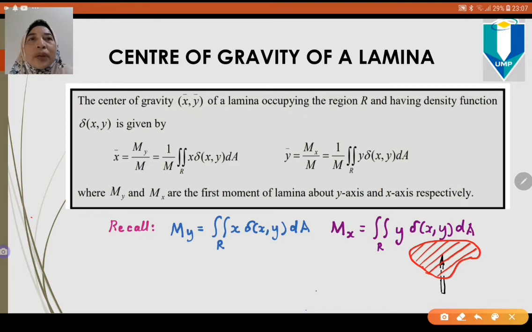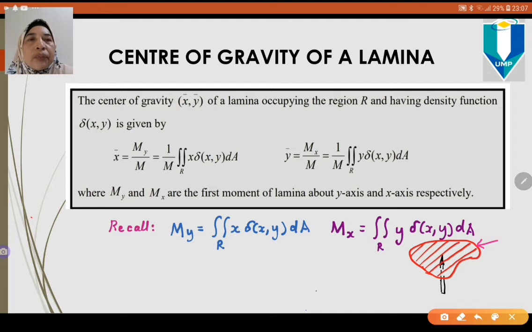Now let's look again at the formula used to find center of gravity of a lamina. If you imagine a lamina of that shape placed on a pencil or some tip like this, it balances out.